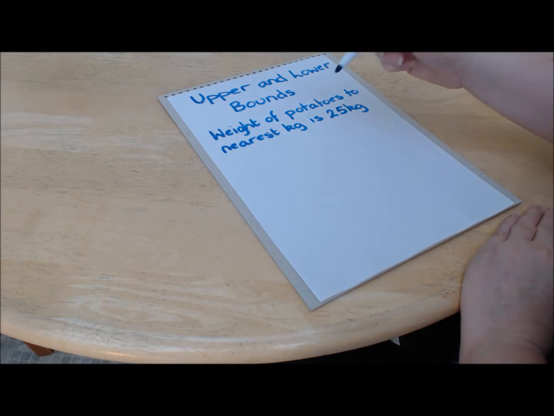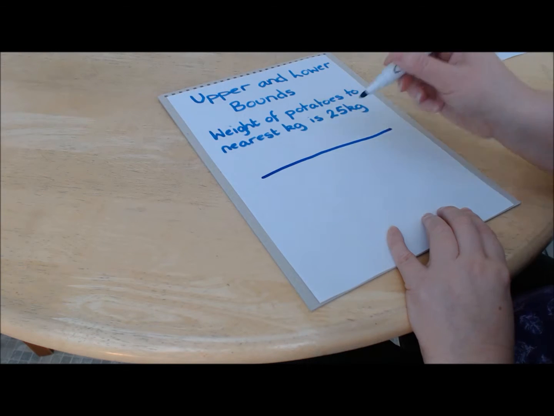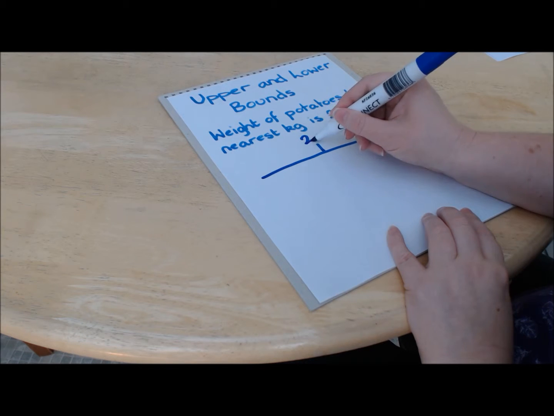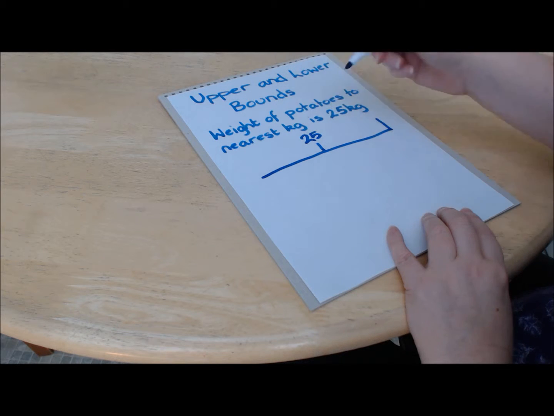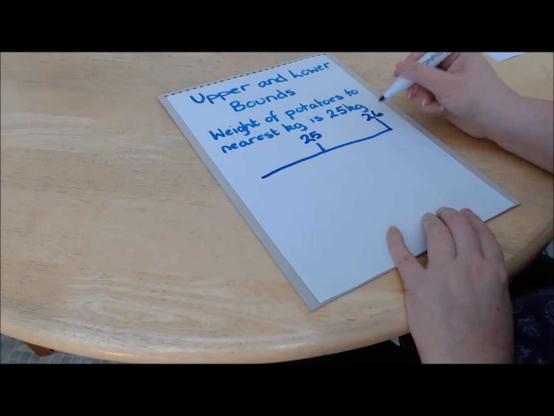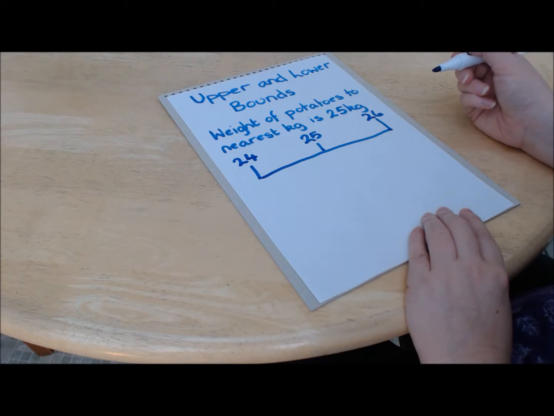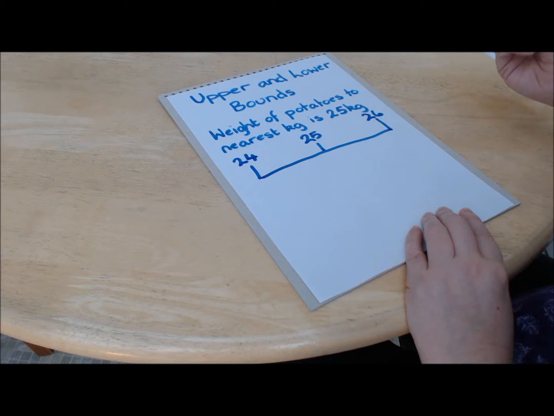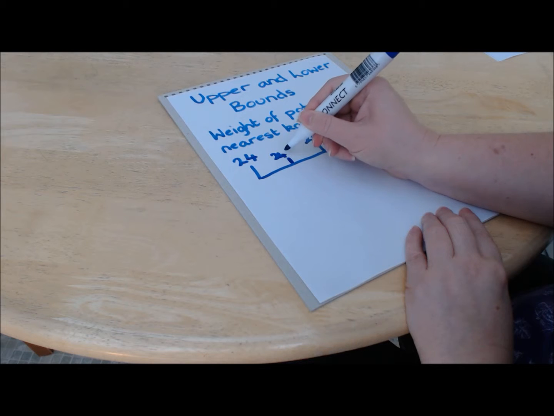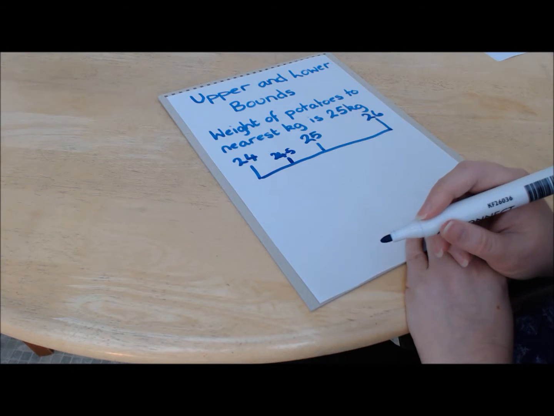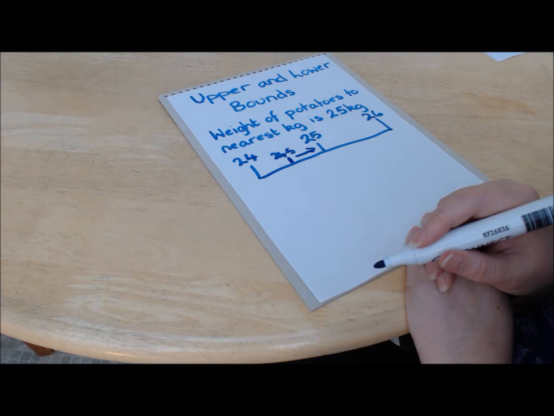Now if we've rounded these to the nearest kilogram, if we put the 25 in the middle, so we're working to kilograms, that's going up in ones and going down in ones, like this. If we think about what we would have done when we're rounding, anything bigger than 24.5 would round up to the 25.